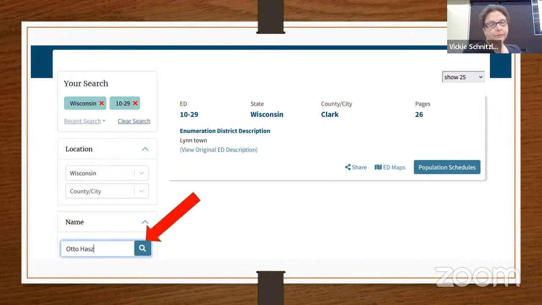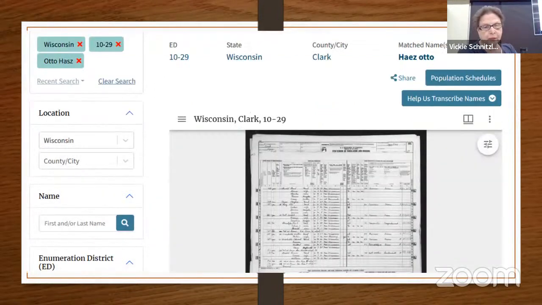Next slide. Or I can try putting his name in again and hitting the search button. Next. And that same slide comes back up from way back in the beginning when I used the Finder on the National Archives website. So I've used two different sites and found the same thing.